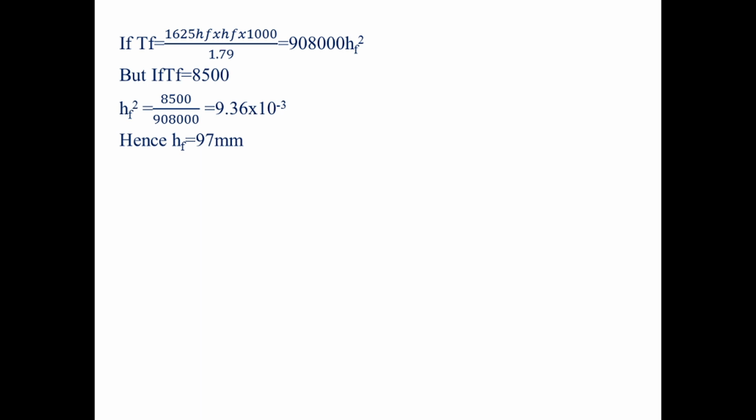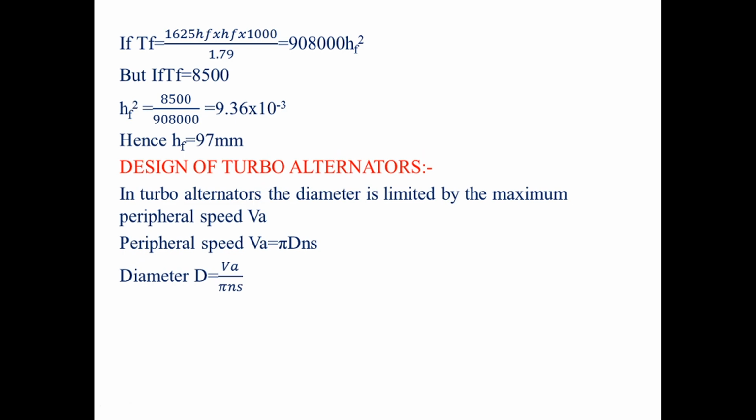So HF square is equal to 8500 divided by 908 into 10 to the power 3. So we will be getting 9.36 into 10 to the power minus 3. Hence, by solving this, the HF value will be 97 millimeter.